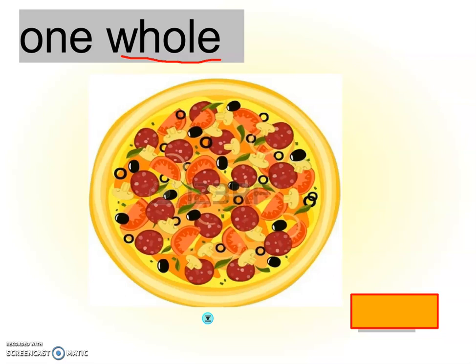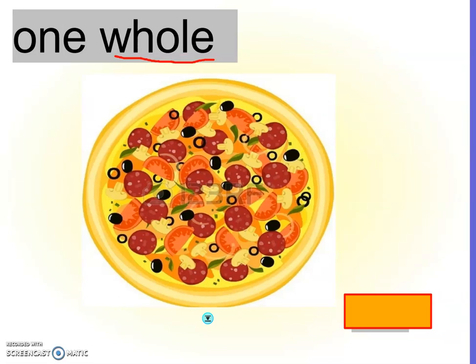When we share the pizza with our mummy, we have to see that it has been equally shared with both, not like the cookie, a big and a small piece. It has to be equally shared, means both should get the equal piece, the same size of piece.